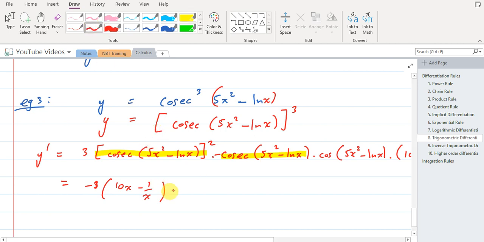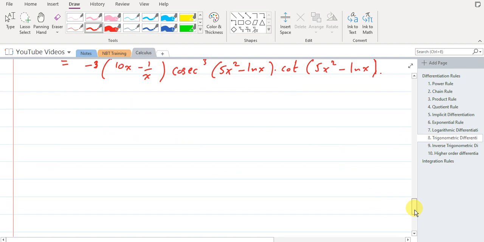It can just become cosec cubed of 5x squared minus ln x, and that is just cosec cot, times cot of 5x squared minus ln x, and that should be your final answer. I try to simplify as far as possible.